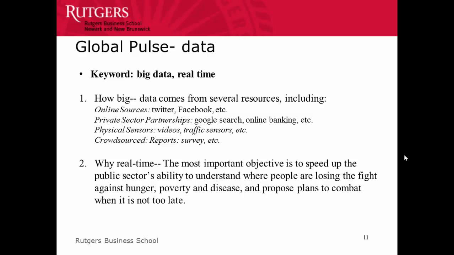Without using big data, our governments are typically slow in reacting to disasters like this, but after using big data, hopefully we will speed up the process so that people all around the world will suffer less.